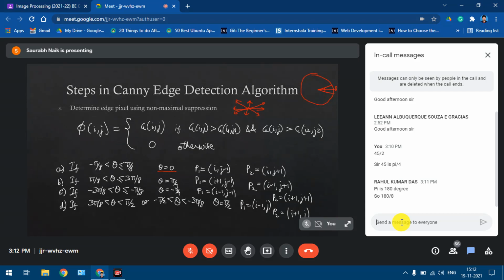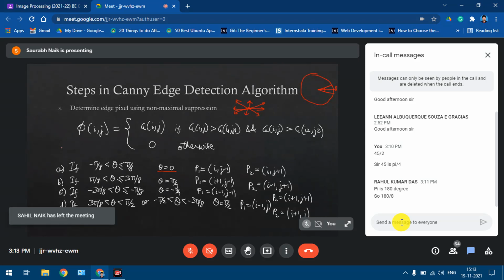So if it lies between 0 and 22.5, we basically set this angle as 0 and say that this pixel's gradient is going from left to right. Then if it is pi by 8 to 3 pi by 8, something between 23 degrees to, let me check, because I also am not familiar with what these values would be.